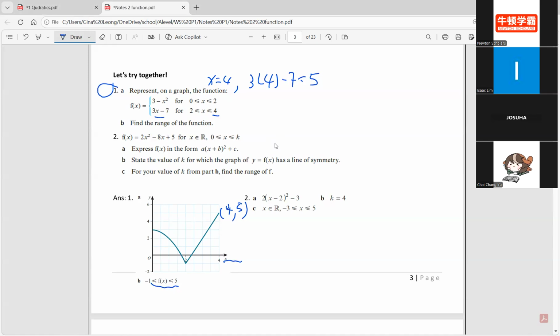Your y value is 5. So that means this one is 4, this is 5. So the bottom here is not the 5. Your graph is not correct. The graph is something like this.